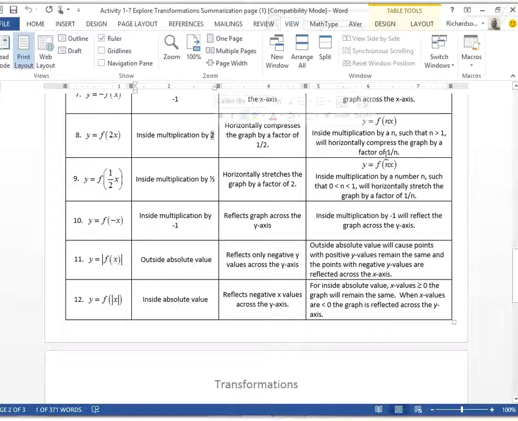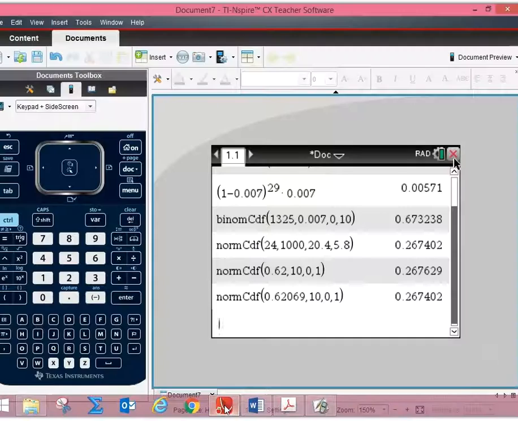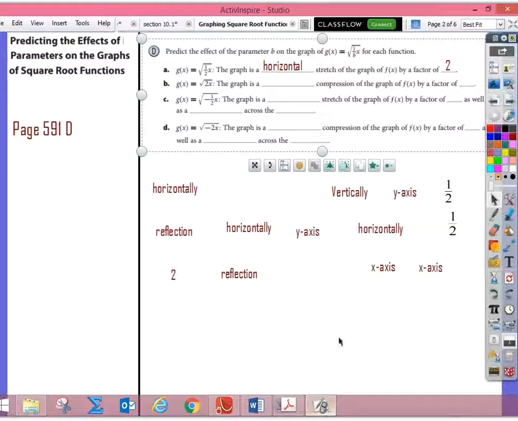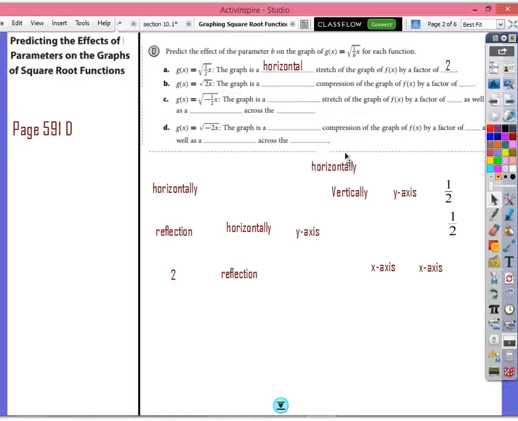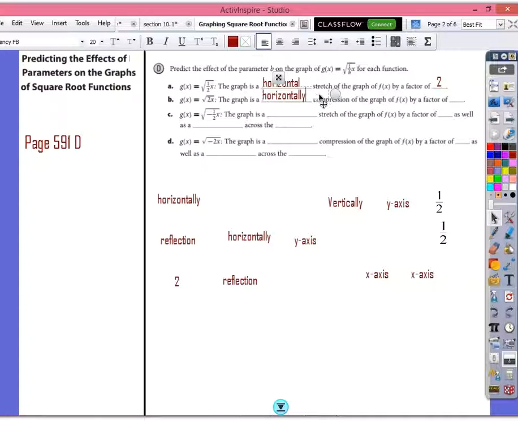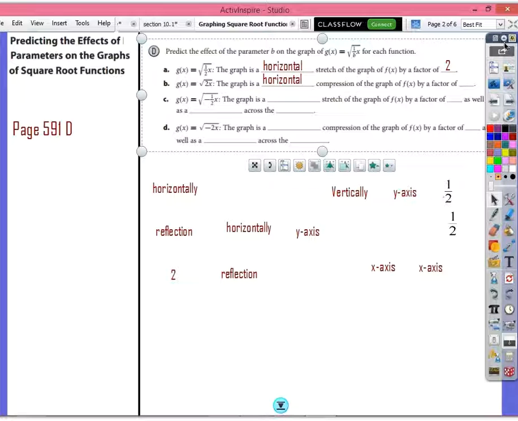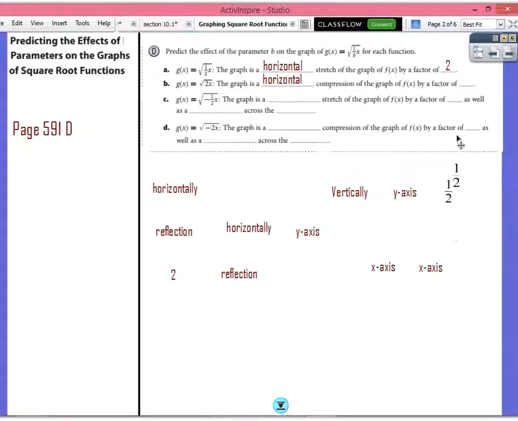So that's going to be by a factor of 1 over 2. So this generalization: if it was 3, then it'd be by a third. It'd be a compression by a factor of a third, and so on. Okay, so we want to say again, the graph is a horizontal compression of the graph by a factor of 1/2.